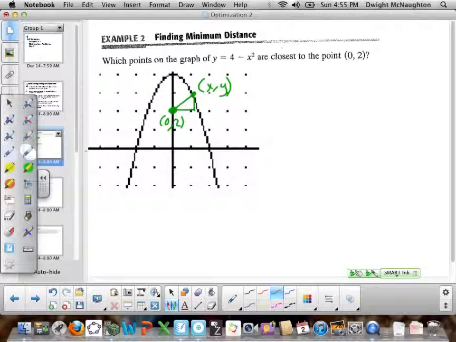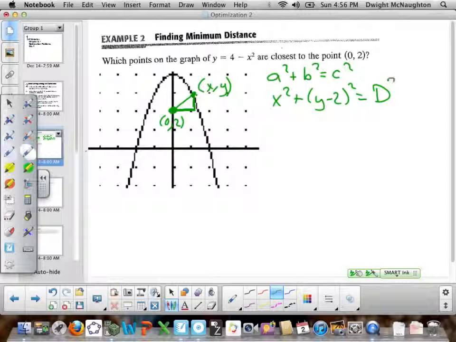So we're going to use the distance formula to find that distance. a squared plus b squared equals c squared. a, this distance here, is the distance of the x's, x minus 0, so x squared. The distance of the y's is right here, that's y minus 2, squared equals our distance squared. I'm going to say big D.